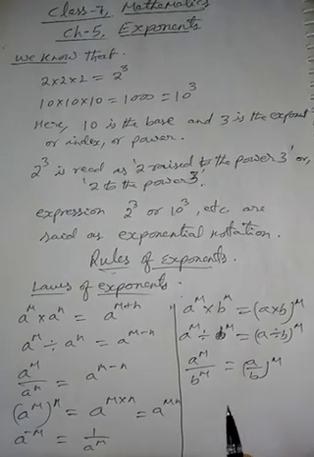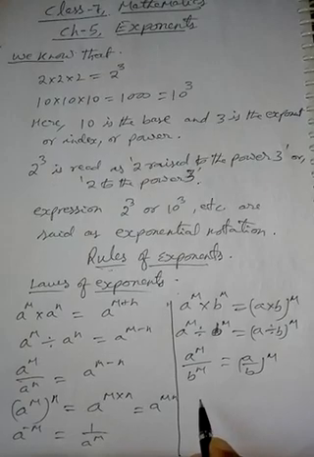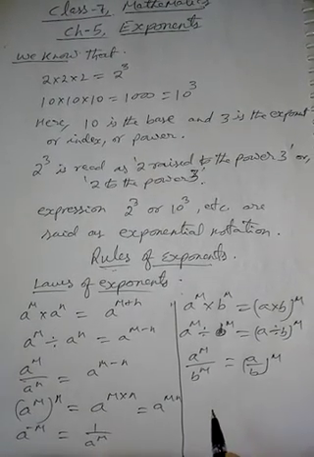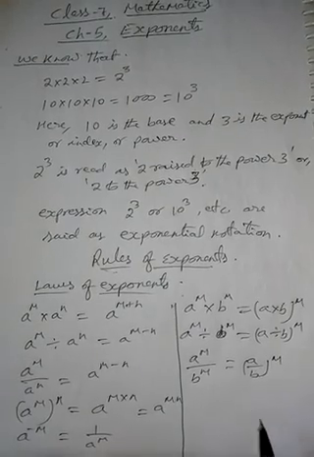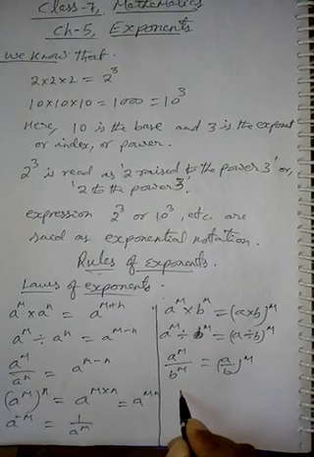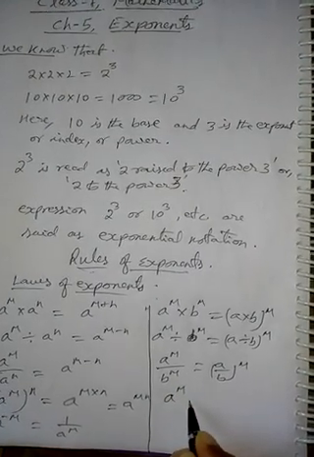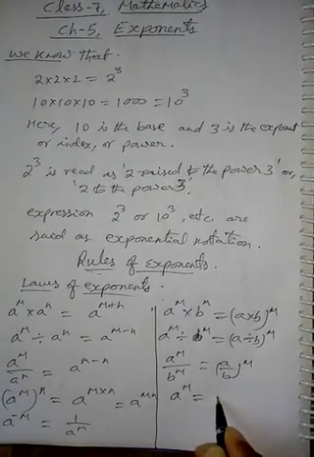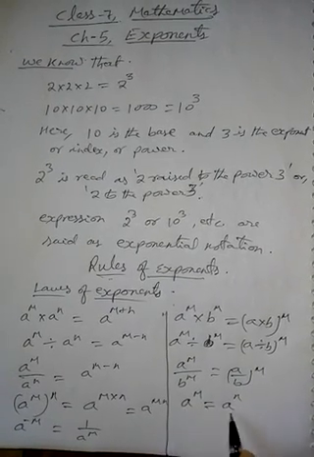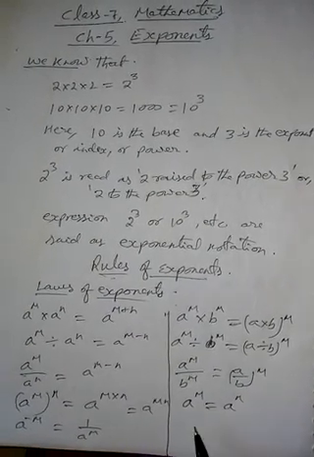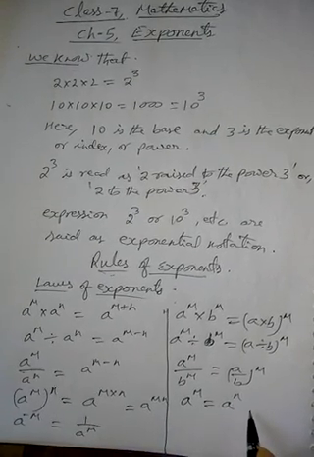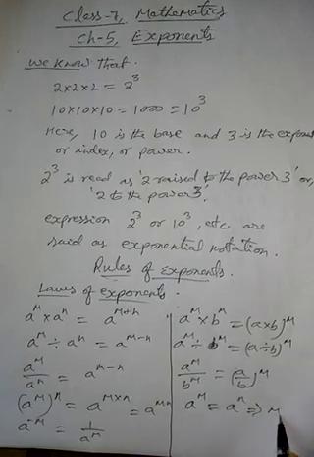In the same way, if we have exponents like this, the same base but exponents are different. When the bases are the same and the powers are equal, then the exponents will also be equal. That is, this implies m is equal to n.